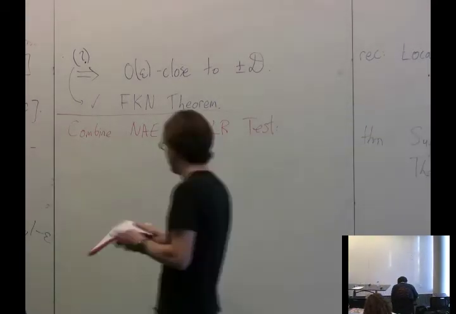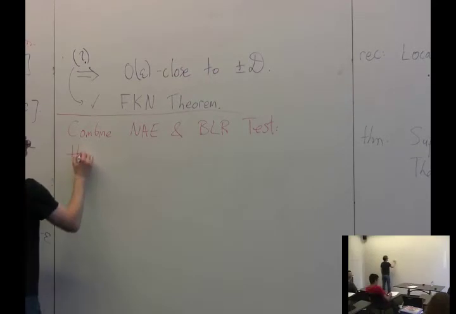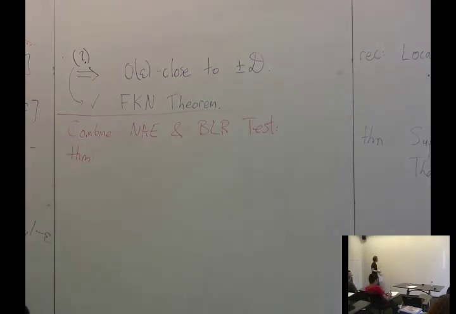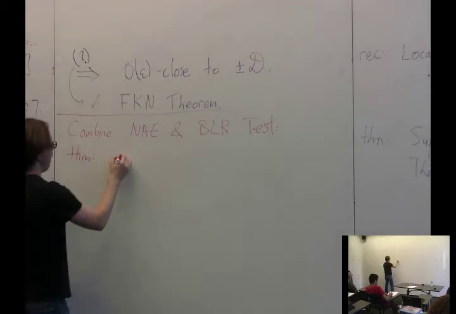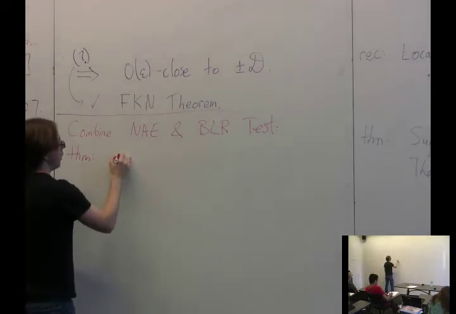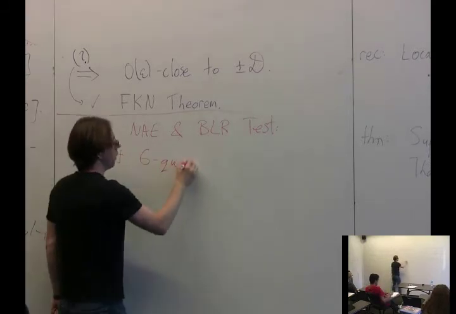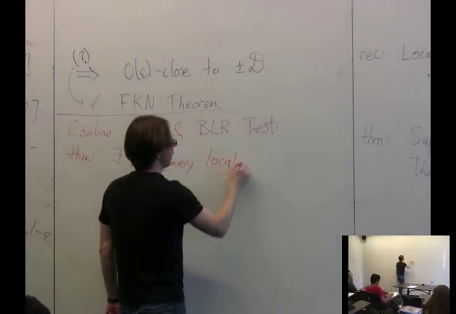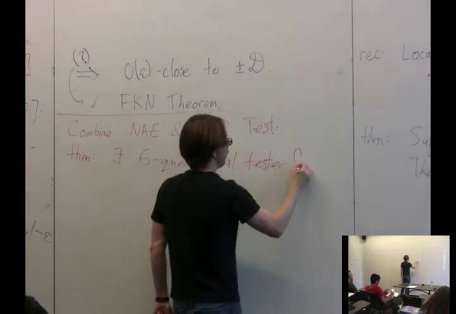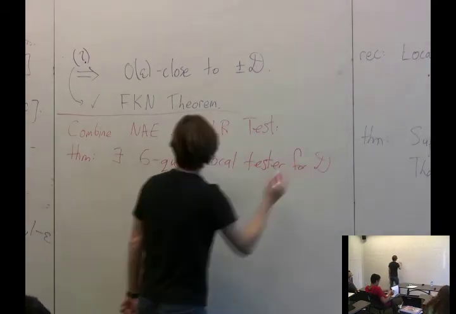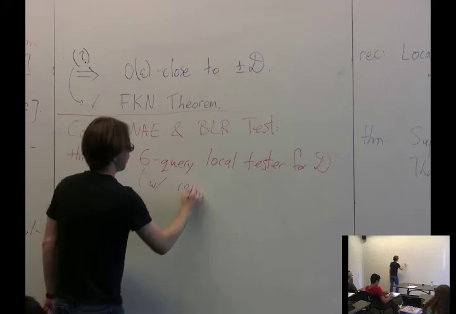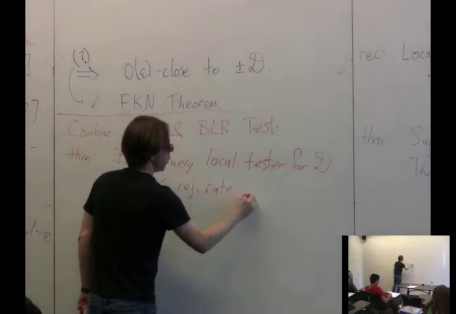So here's a theorem that we'll prove. I'll prove this one in full care, and then I'll stop being quite as careful with subsequent analyses. So here there is a 6-query local tester for the dictatorship class with, I don't know, rejection rate 0.1 or something.